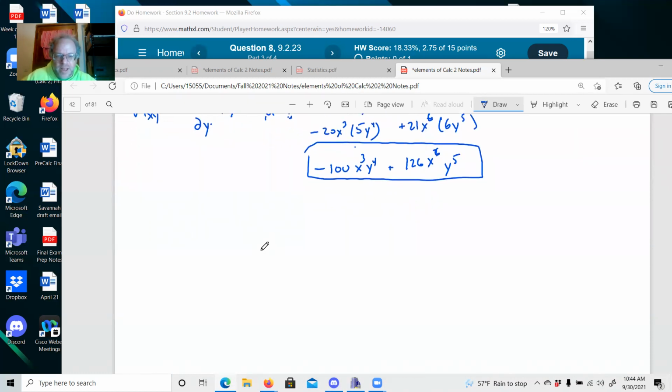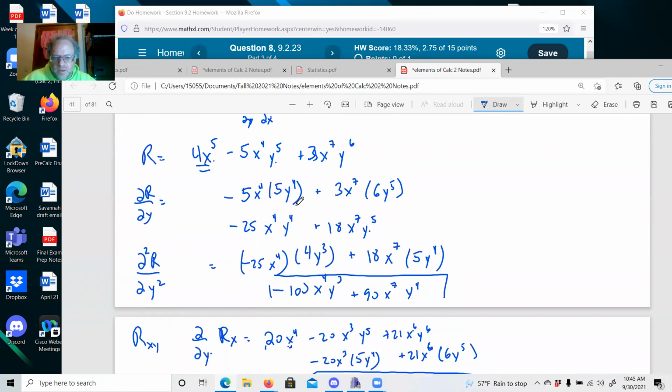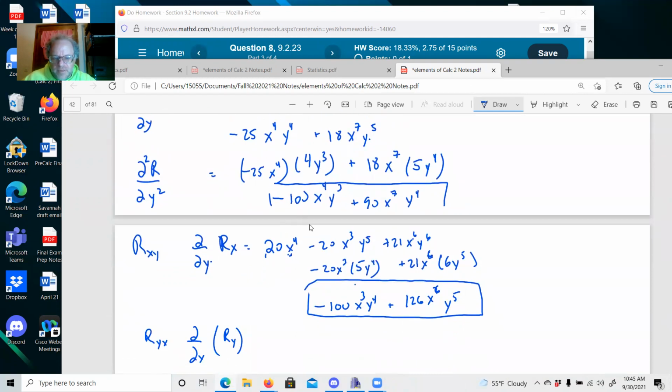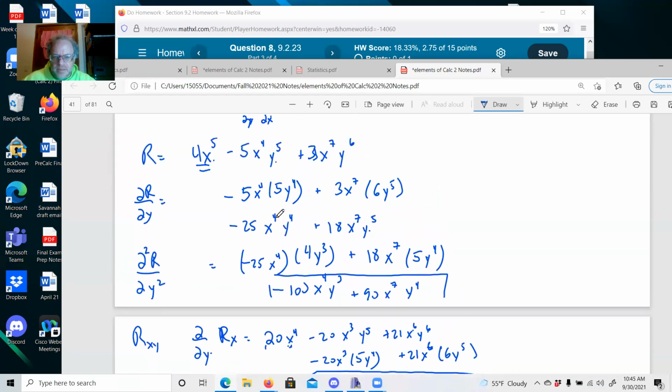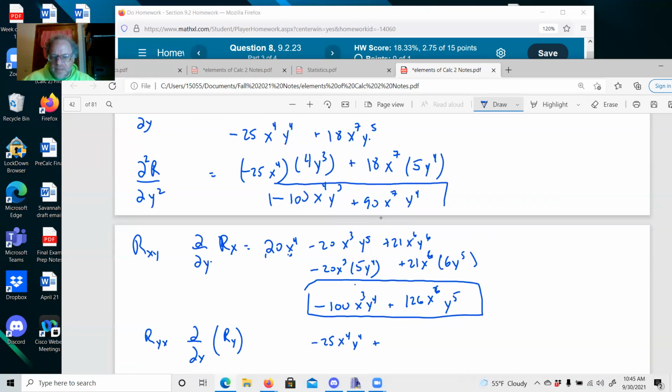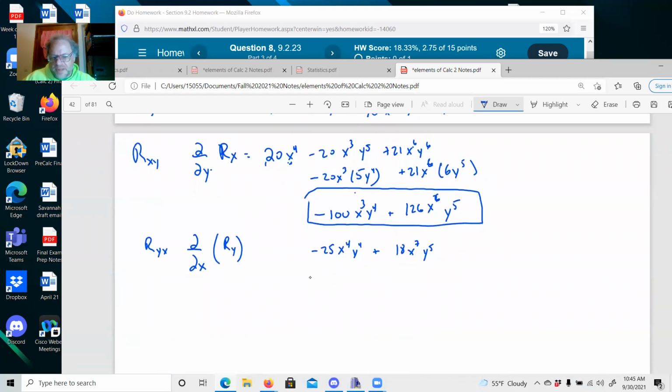Let's check. We want r of yx, so we want the derivative with respect to x of r of y. What's r of y? This was negative 25 x to the 4th, y to the 4th, plus 18x to the 7th, y to the 5th. We're going to take the derivative with respect to x here.